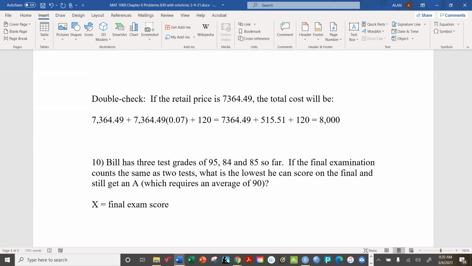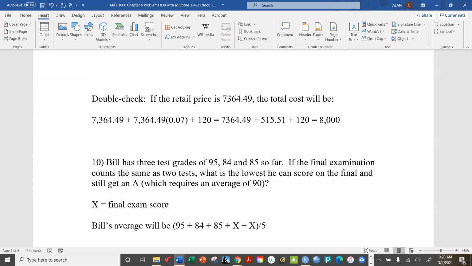Now, the final exam is being treated as if it were 2 tests instead of 1. So here's what we have to do. Bill's average will be, we add these together, and then we're going to count X twice and divide by 5.